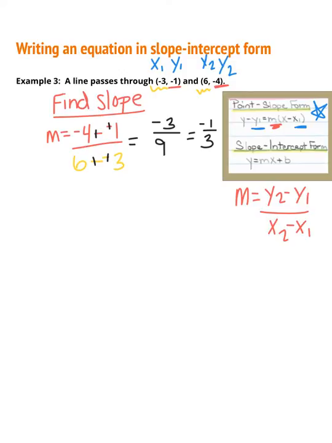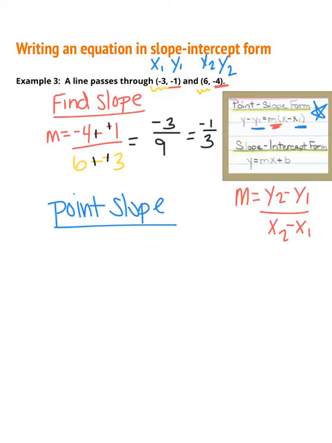Great. So now that I have the slope, I'm going to use that point slope formula. I'm going to use that point from up above, and I'm going to use my new slope number, -1/3.